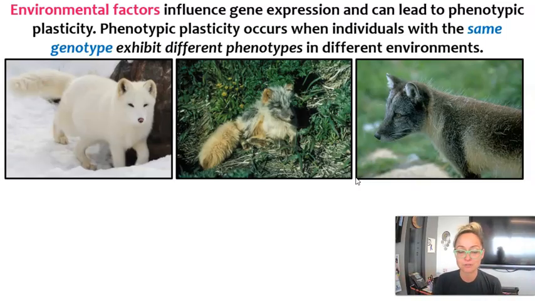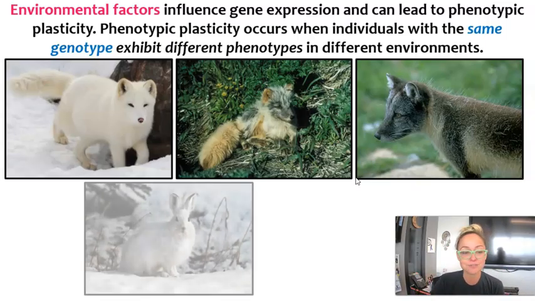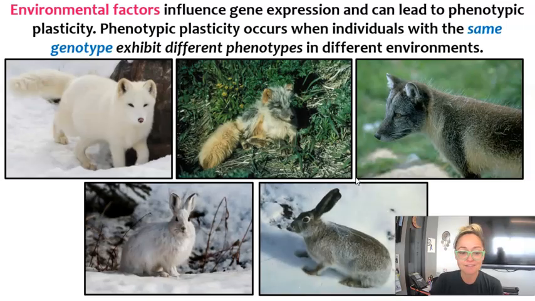You can see in wintertime it is not really producing melanin, but in spring it is. That is a change in gene expression that's going to influence phenotype. Now we also see this in Arctic hares, right? Same thing. When it's snowy, the white fur helps it camouflage. Then as the snow begins to melt, they shed the white fur, and the new fur that grows in will have pigment, or melanin.